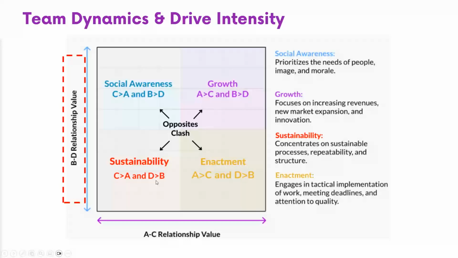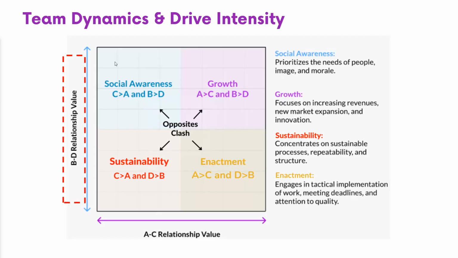So essentially, that's where you have that quality profile that we looked at on the screen previous to this. But when you look at it from the y-axis, it's that BD relationship, meaning the D drive will be greater than the B drive when it's within sustainability. As you increase from bottom up, then you get into social awareness, where the B drive is going to be greater than the D drive.